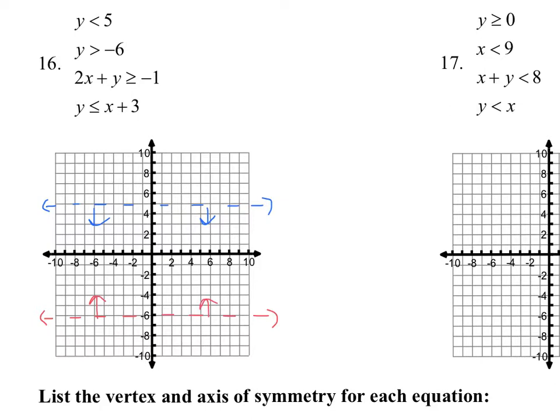Okay. If we take a look at the third inequality, we don't have it in slope-intercept form, so that's what we have to do first. So y is greater than or equal to -2x minus 1. So I start at -1, I go down 2 and to the right 1, or up 2 and to the left 1.